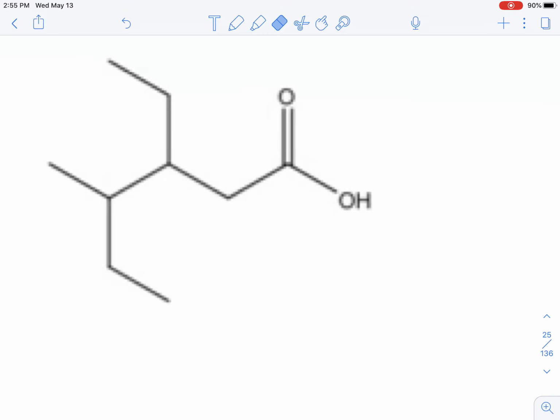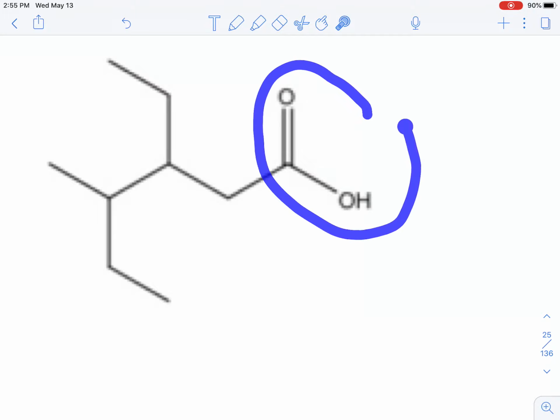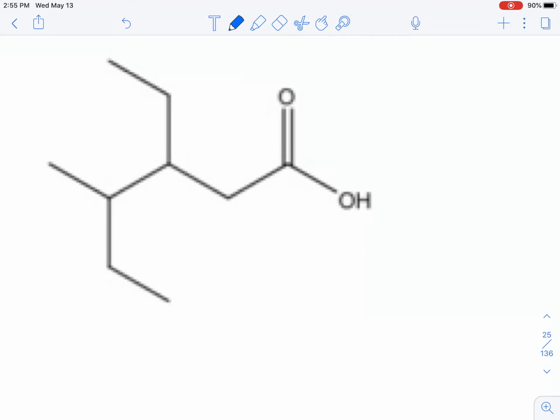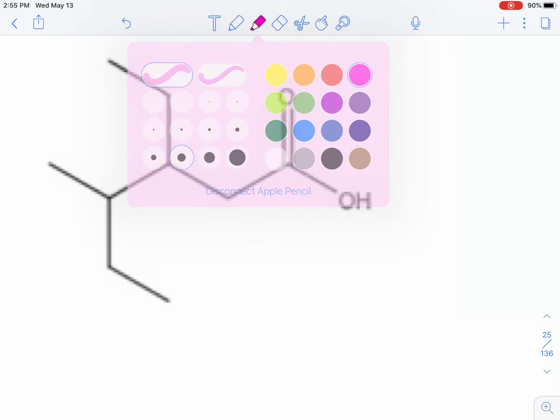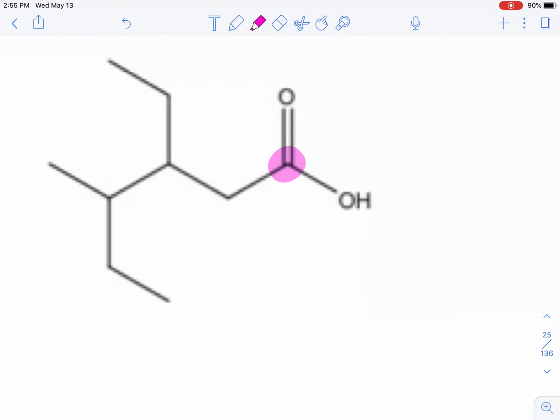And so when we're looking at our skeletal structure, this is pretty easy to identify. Here we have our carboxylic acid, meaning that this carbonyl carbon is always going to be carbon number 1. And so we just need to find the longest parent chain, longest consecutive carbon chain. That will constitute as our parent chain.